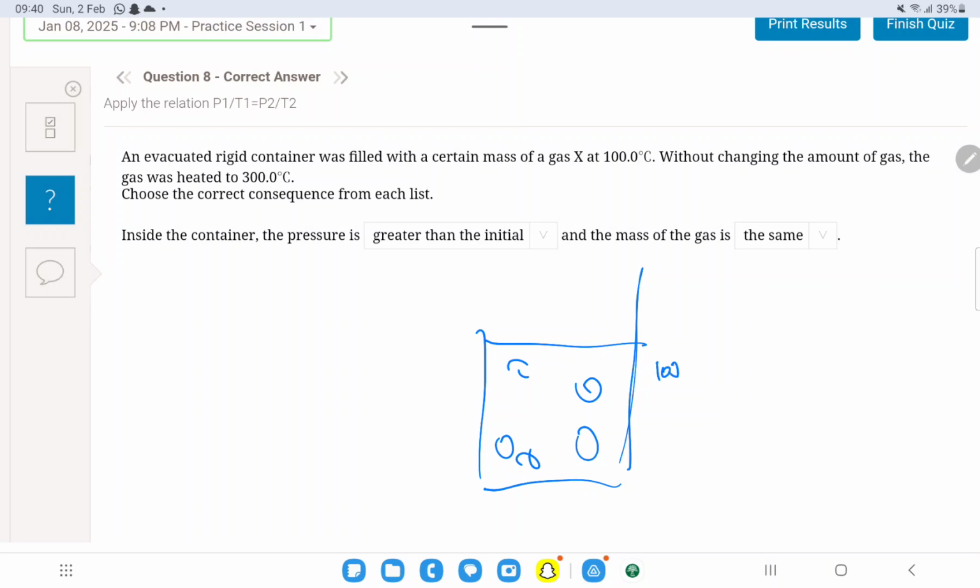So the temperature went from 100 to 300, so it increased, causing the kinetic energy to increase, causing the gas particles to collide with the walls and themselves more frequently and more powerfully. So the pressure will increase and the mass stays the same.